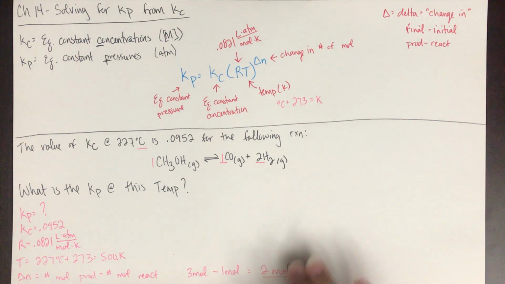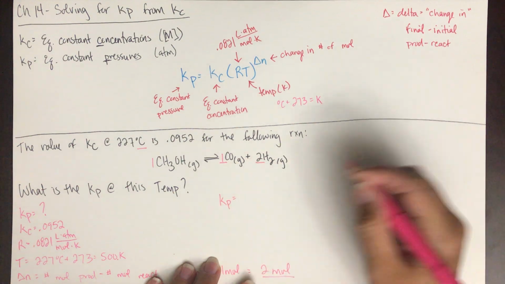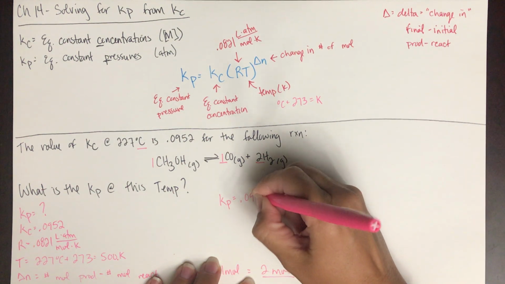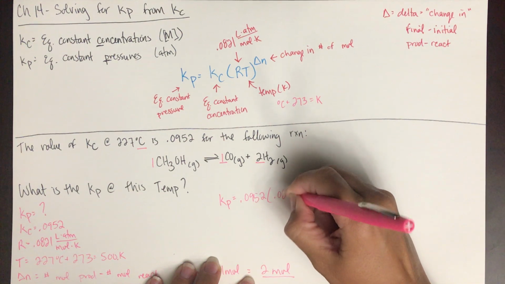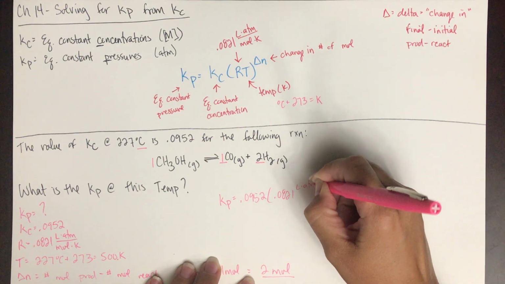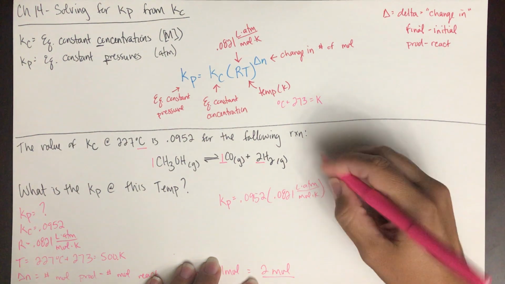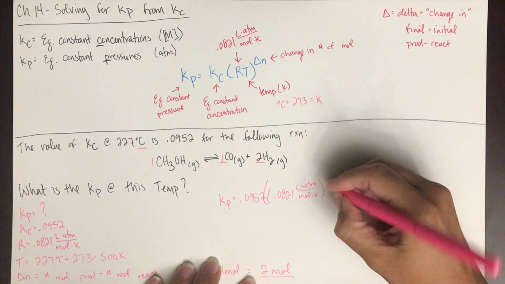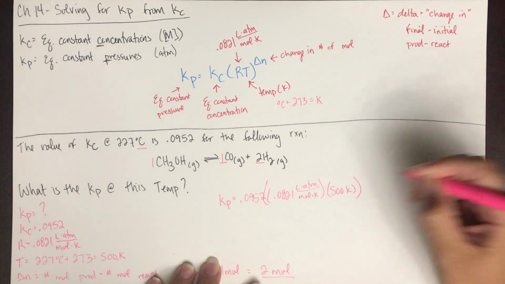So now I'm going to write out this equation with all of my information in it and solve. So let's say Kp equals Kc, 0.0952, times R, 0.0821 liter atmospheres per mole Kelvin, times, put a bigger parentheses here, times temperature, 500 Kelvin.